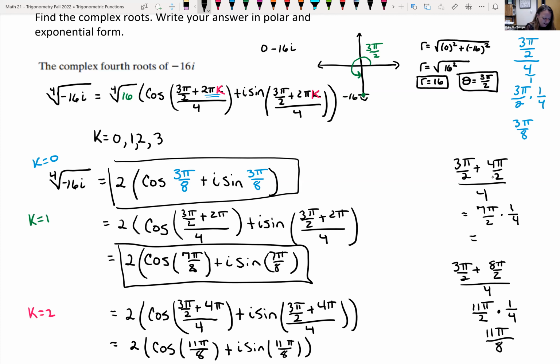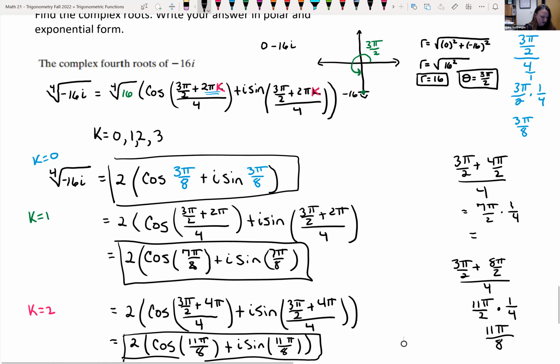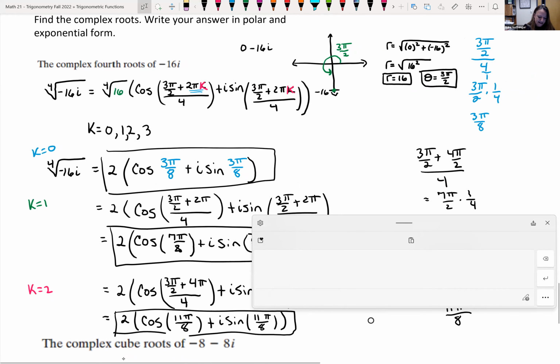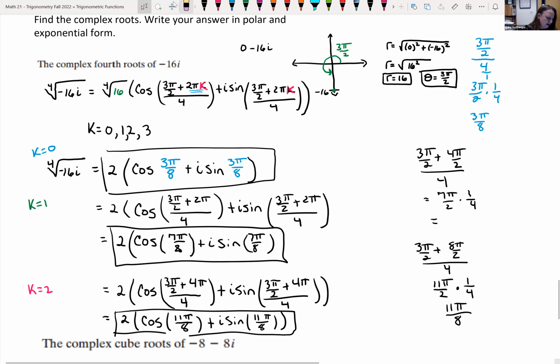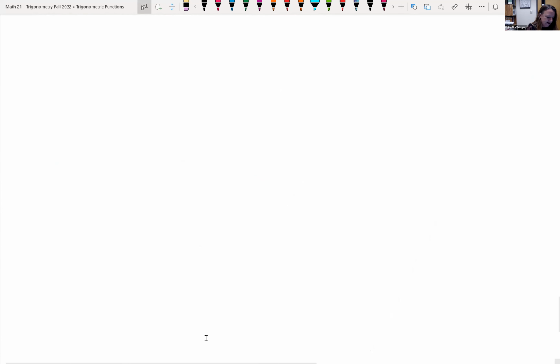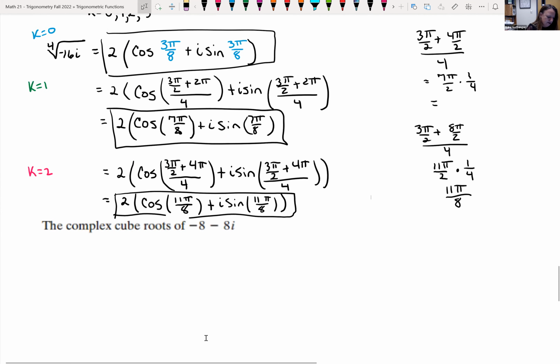So one more I need to do. I need to look at when k is equal to 3. So some more room. So k is equal to 3.